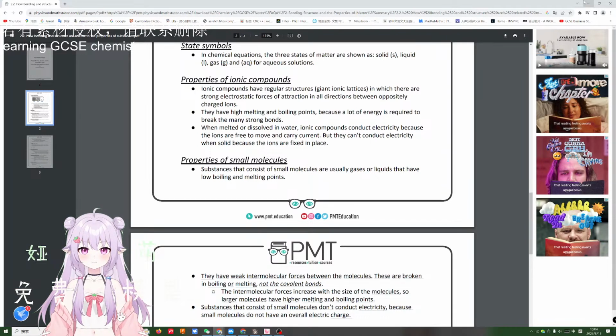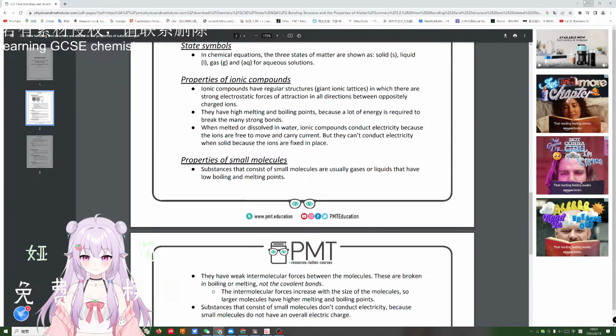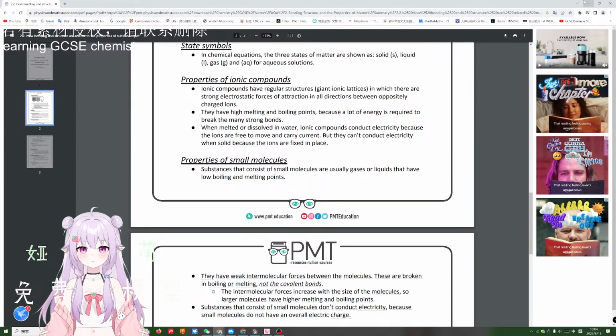This is all because of their weak intermolecular forces, which are easy to overcome.